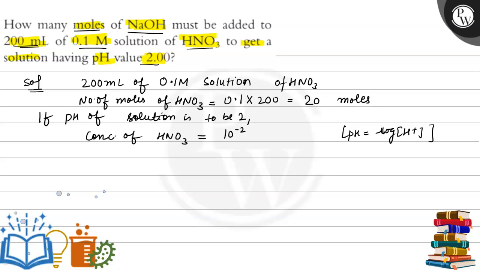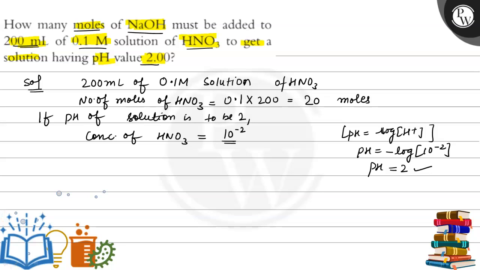If we have the concentration of H positive as 10 to the power minus 2, then also the pH value will be 2. So we simply found that the concentration of HNO3 should be 10 to the power minus 2 so that our pH value will be 2.